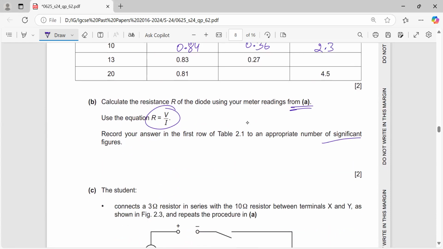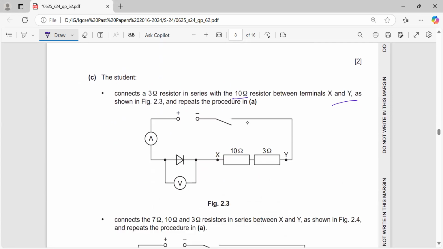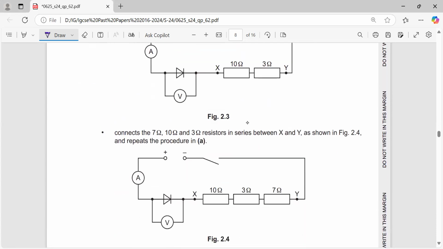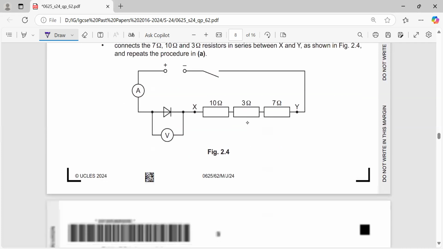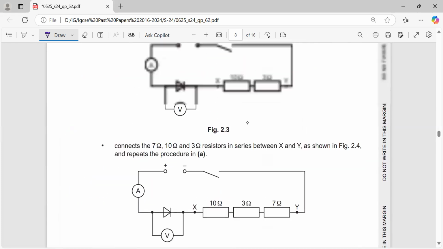The student connects a 3 ohm resistor in series with the 10 ohm resistor like this, 10 and 3, now between the terminals X and Y, and the data is given in the table. Then he connects 7, 10 and 3 in series, and the data is there in the table. Complete table 2.1 by adding the missing values of R and I. No problem at all.